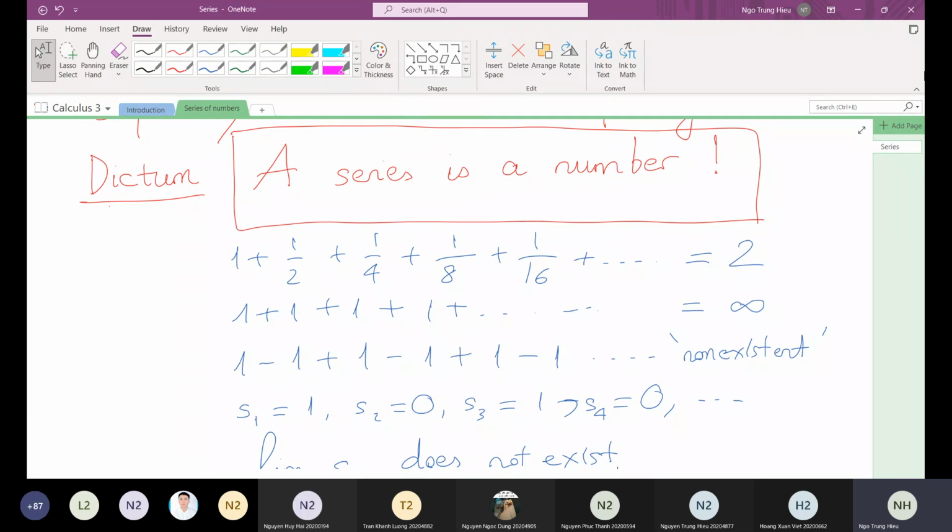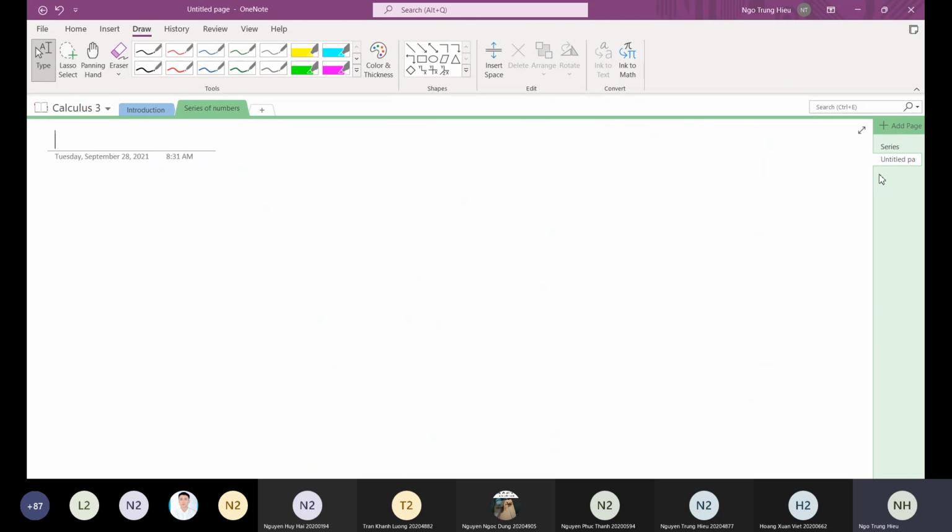All right, so let's continue. So we have defined a series. Let's continue with the necessary condition for convergence.